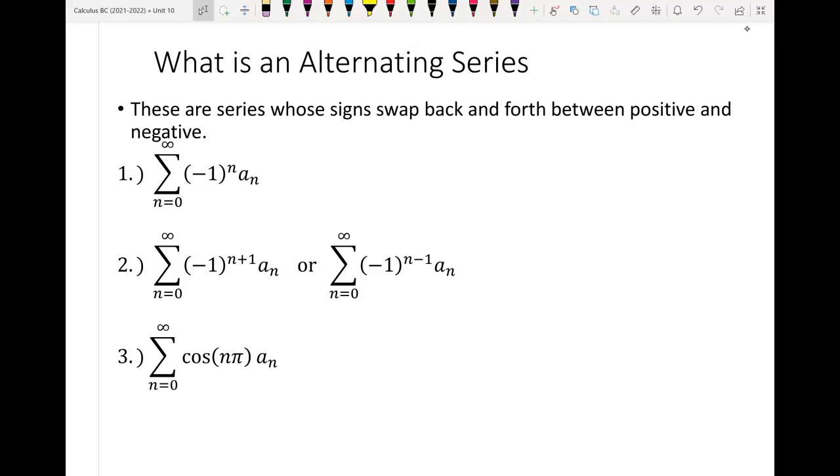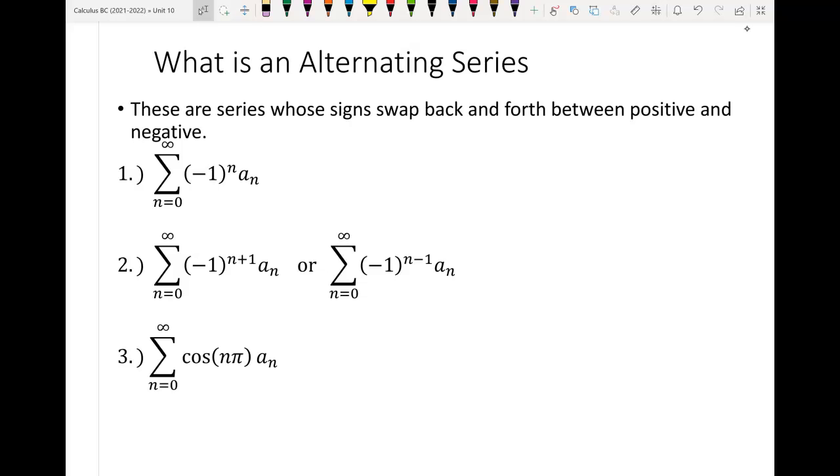The first one would go positive, negative, positive, negative in that order, whereas the second ones, because it's plus 1, would go negative, positive, negative, positive. So that's just the difference between the two, whether you're starting with a positive or a negative. But from that point forward, it's just alternating back and forth.